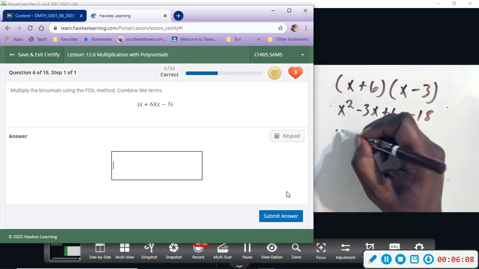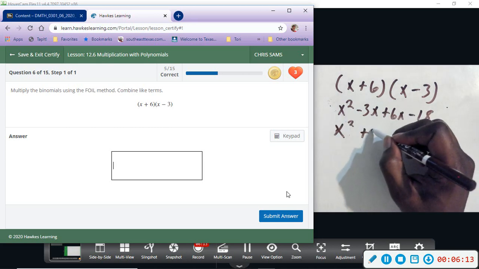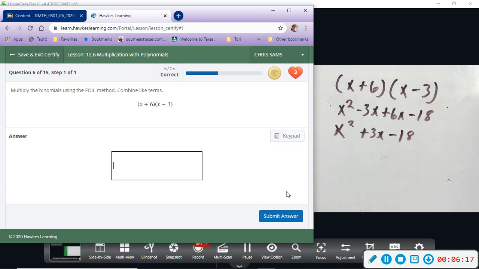Combine the two in the middle, x squared, it'll be a positive 3x, and then minus 18. So we get x squared plus 3x minus 18.